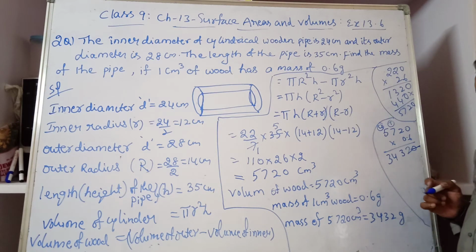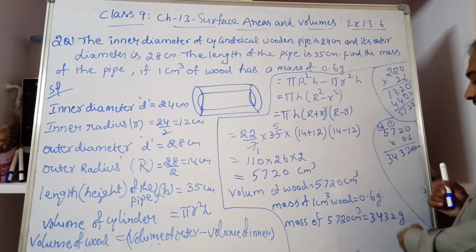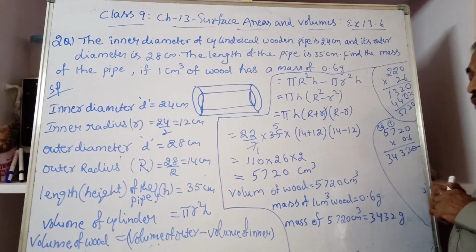3432 grams, converted into kgs, is 3.432 kg.